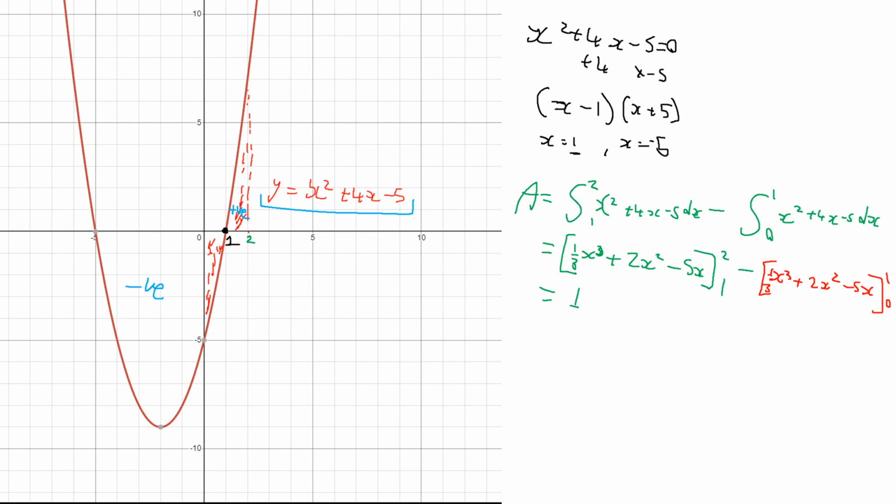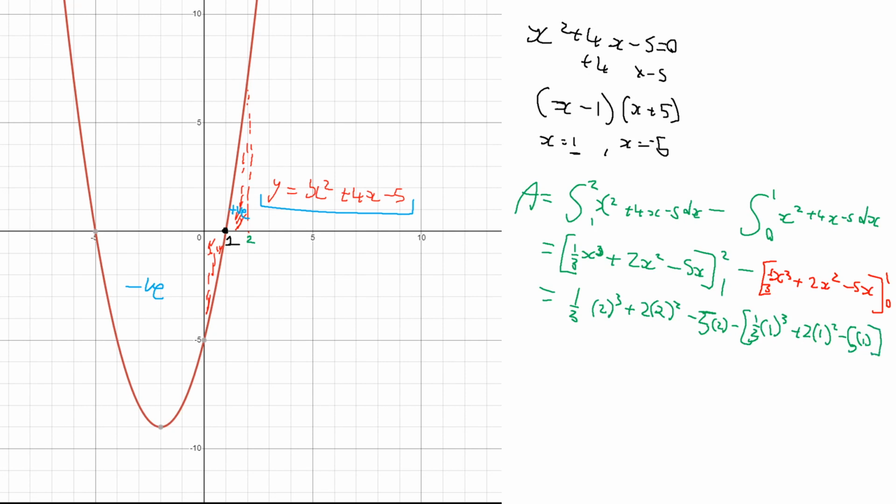So now let's substitute. This will become 1/3 times 2 cubed plus 2 times 2 squared minus 5 times 2. And we're minusing from 1/3 times 1 cubed plus 2 times 1 squared minus 5 times 1.